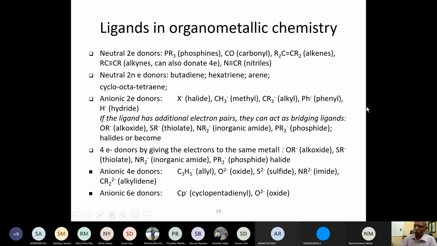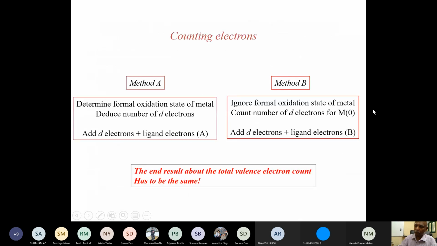Okay, this is a summary slide. This is the same as what we just talked about. Let me just summarize by saying that in method A, you have a formal oxidation state, and so the electronegativity of the ligand is used to determine whether you have an ionic system or you do not.